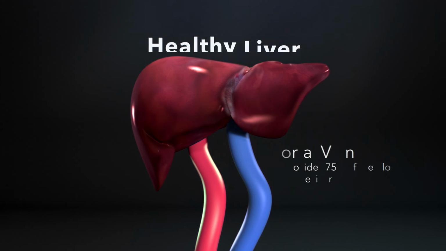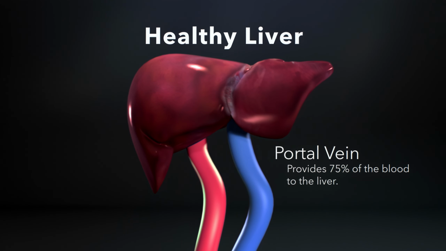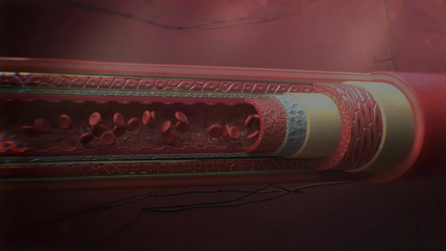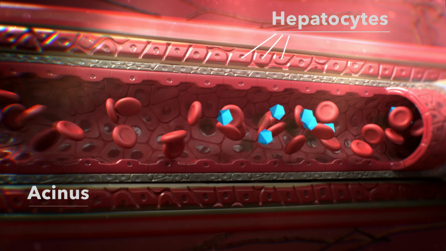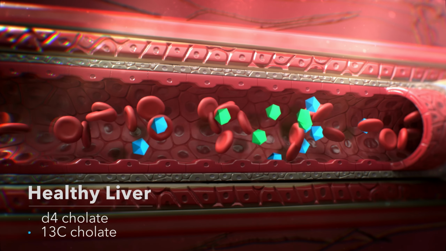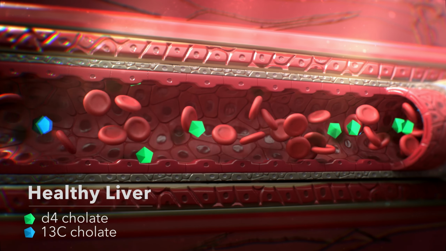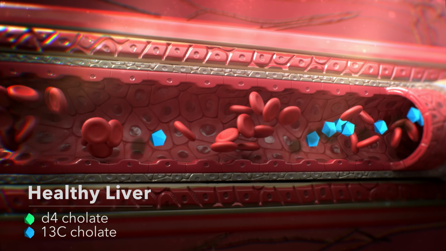In health, the portal vein supplies most of the blood to the liver. The acinus is the smallest functional unit of the liver, comprised of hepatocytes and a number of other cell types and supporting structures. Hepatocytes extract the cholate from the blood. A healthy liver removes about 80% of orally administered cholate from the portal blood in its first pass through the liver.